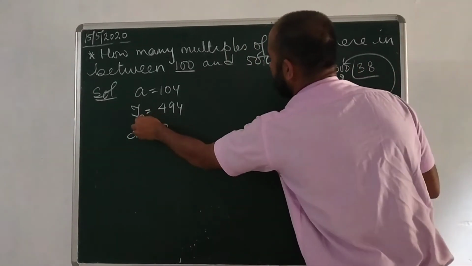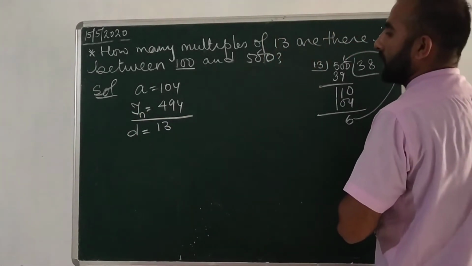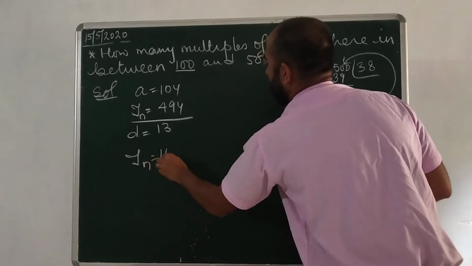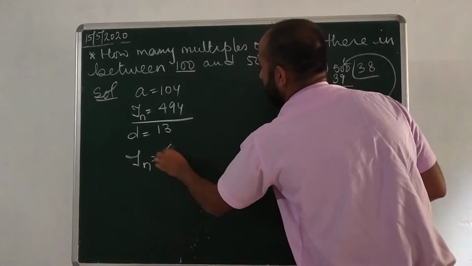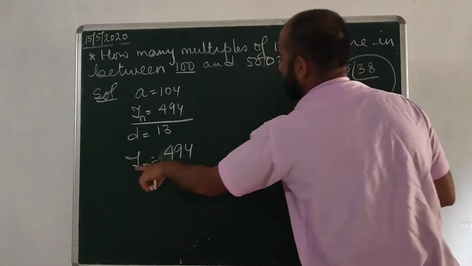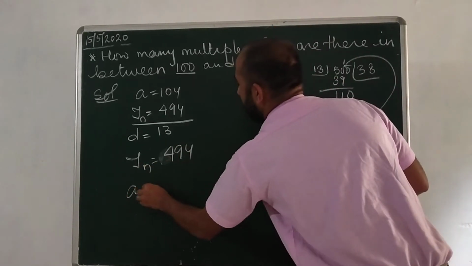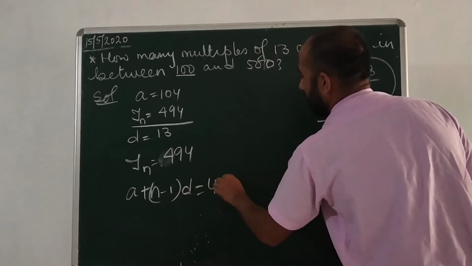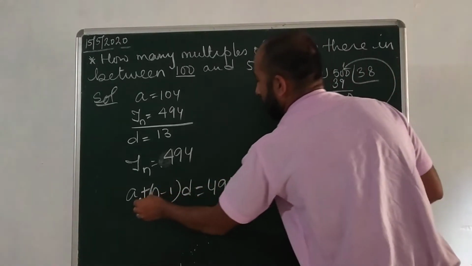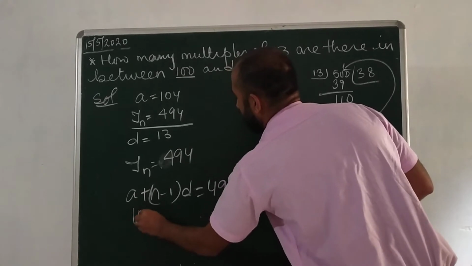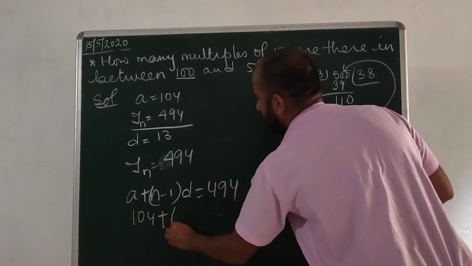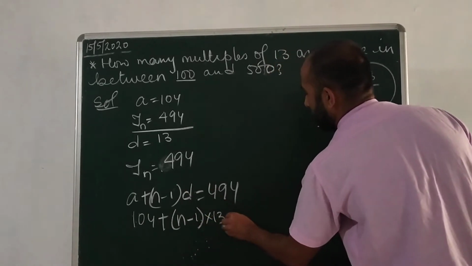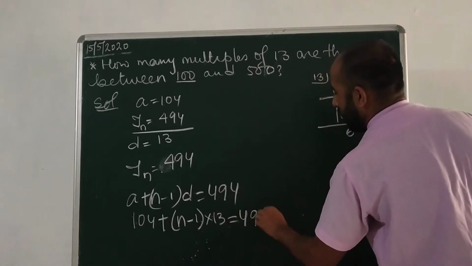I am going to use this given condition: Tn equals 494. Let's use the Tn formula: a plus (n minus 1) d equals 494. Here a is 104 plus (n minus 1) times d, which is 13, equal to 494.